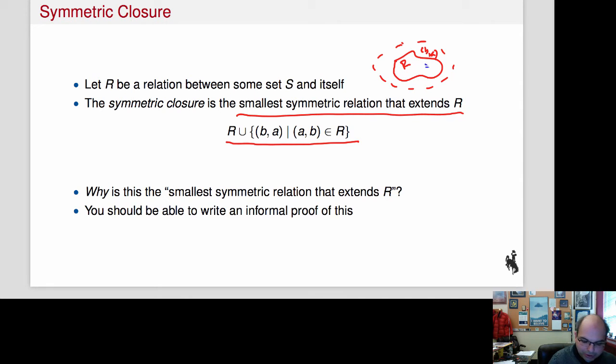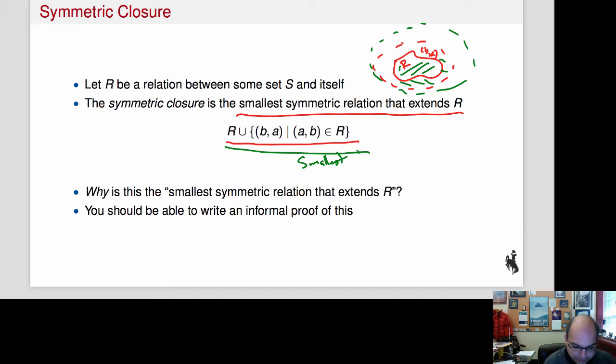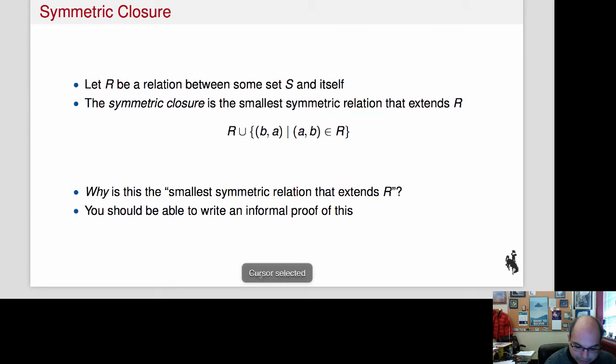And now what we're going to argue is that if you find some other relation that also extends R, it is going to have to look like this, because it needs to have all of R, and it also needs to have all these tuples, because those are the ones that force the symmetry. So this is the smallest relation that has that property. I want you to be able to follow that argument, and I don't think you'll have a big problem with that.